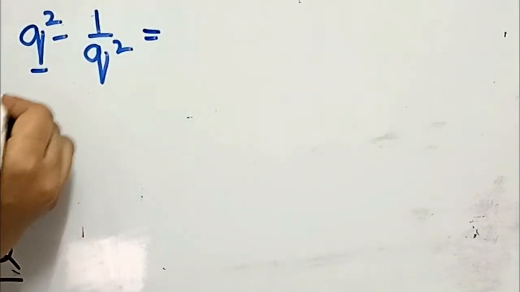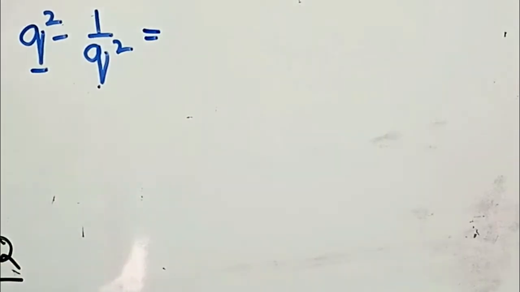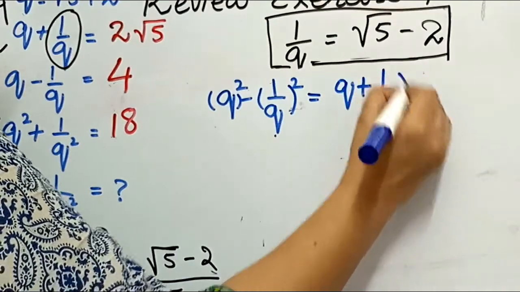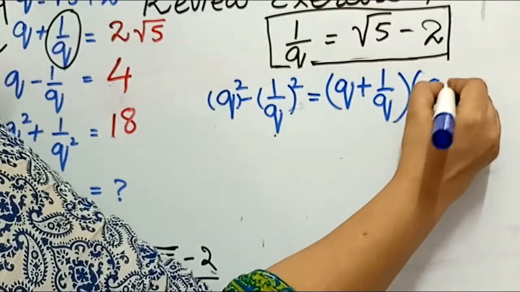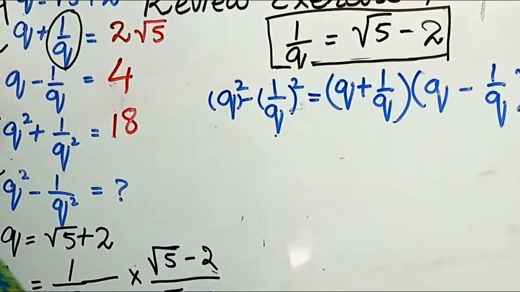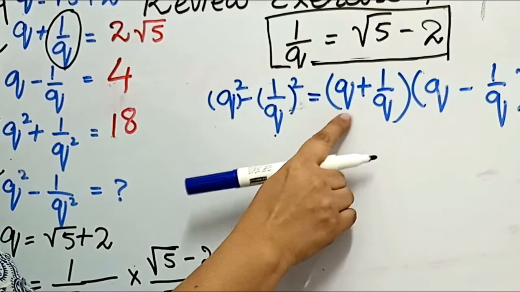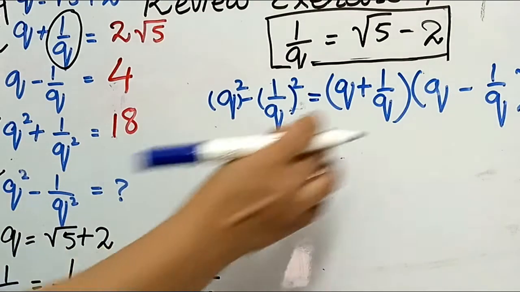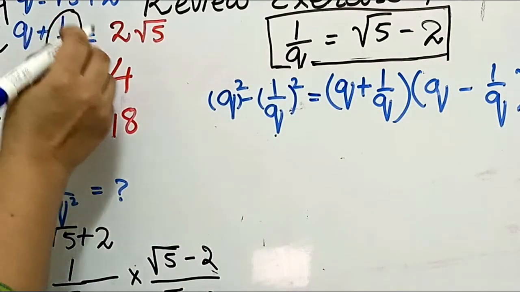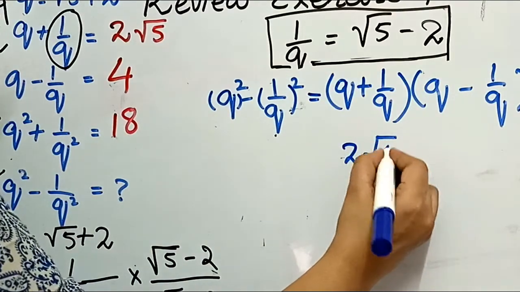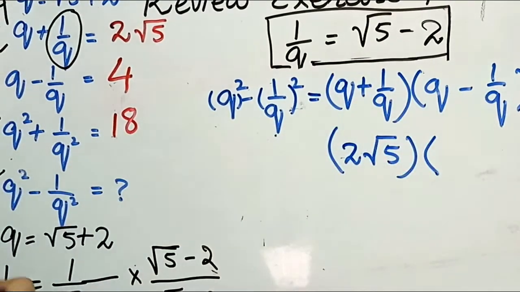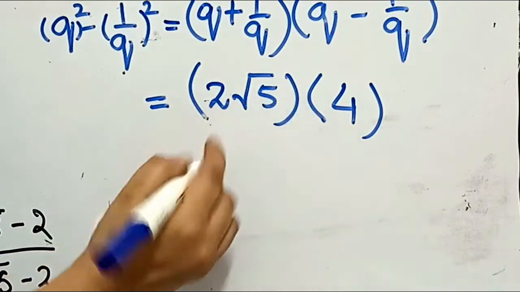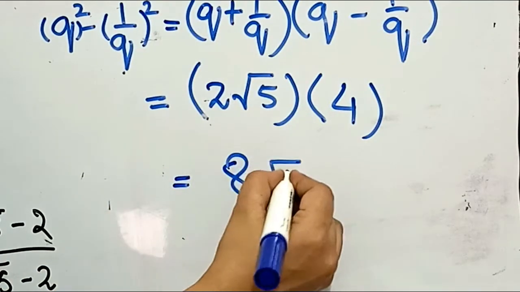In the place of a there is Q, in the place of b there is 1 upon Q. So it will be Q plus 1 upon Q into Q minus 1 upon Q. The value of Q plus 1 upon Q is 2 under root 5 and Q minus 1 upon Q is 4. Multiply the coefficient 2 with 4, so it will be 8 under root 5.